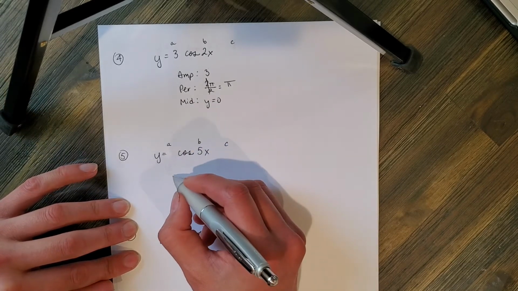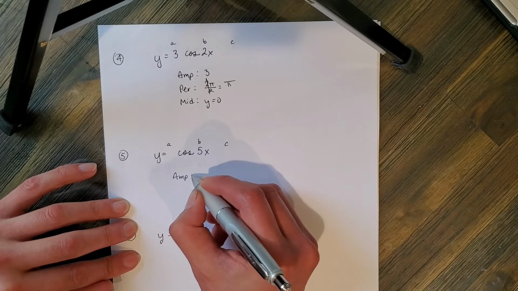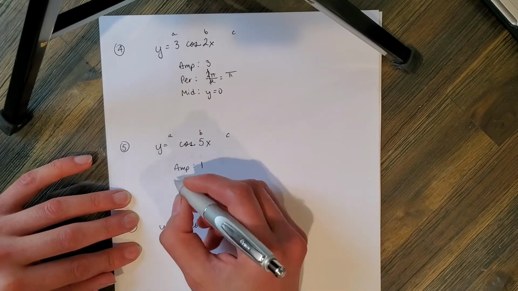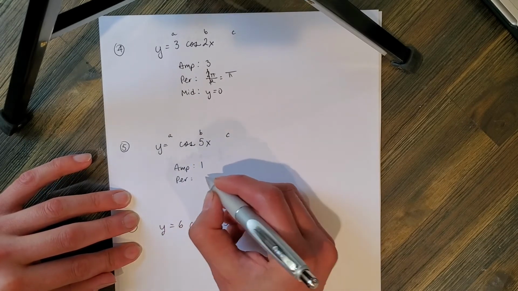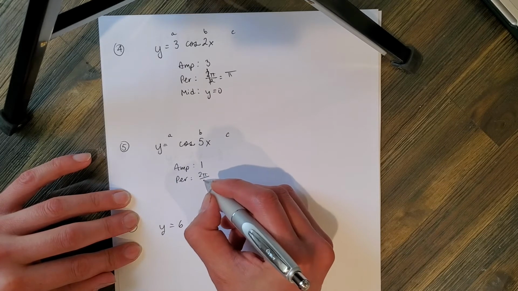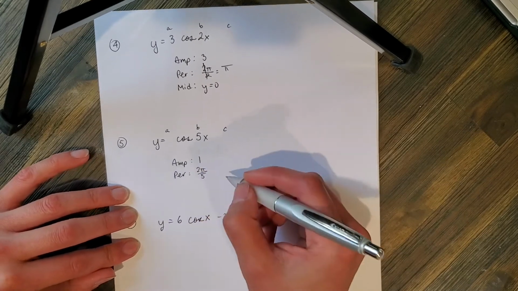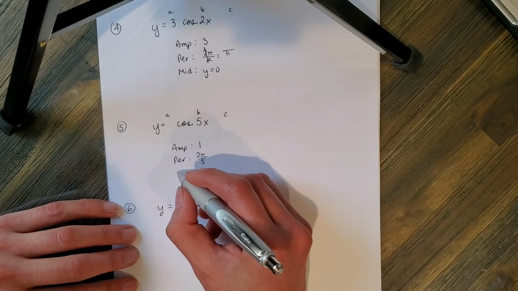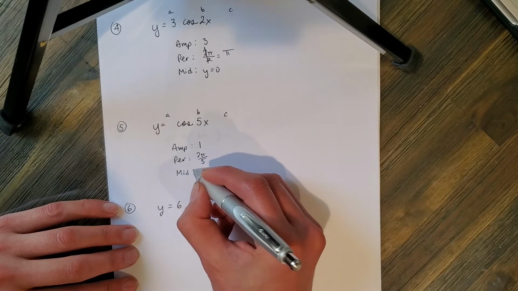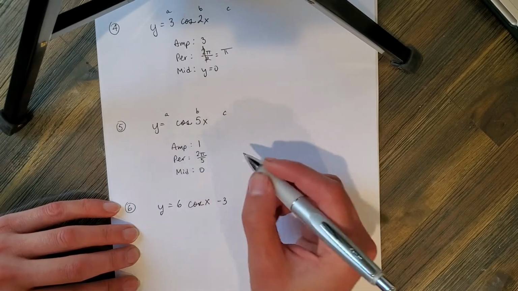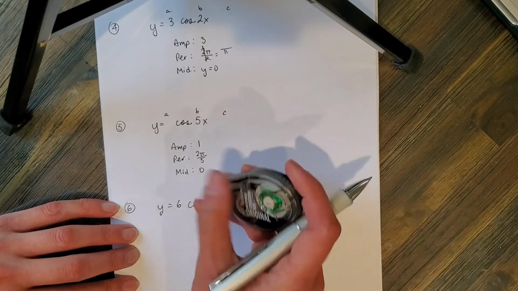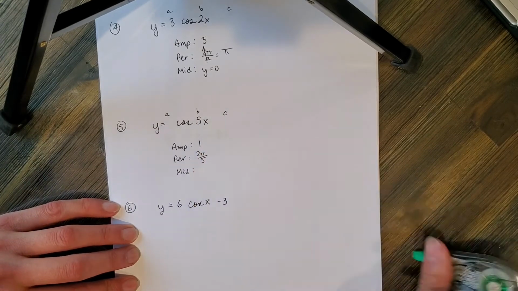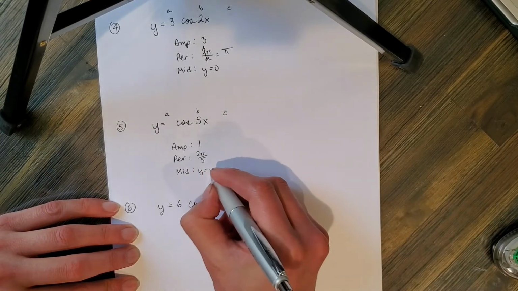So this is an invisible 1 here, and so here we have the amplitude is 1. The period is going to be 2 pi over 5. So that's it, 2 pi over 5. And then the midline is going to be, oop, keep forgetting, it's going to be y equals 0.